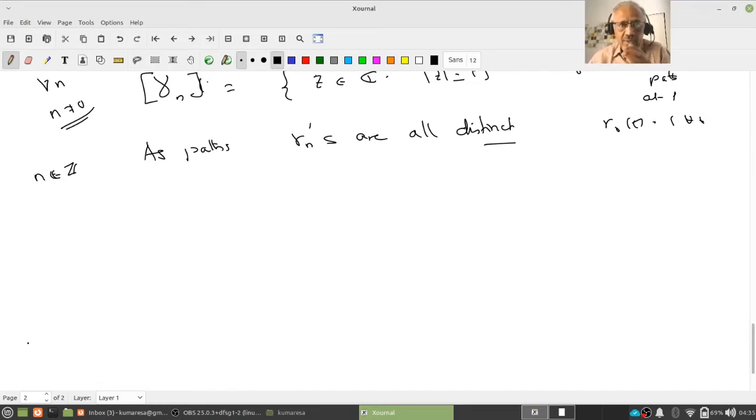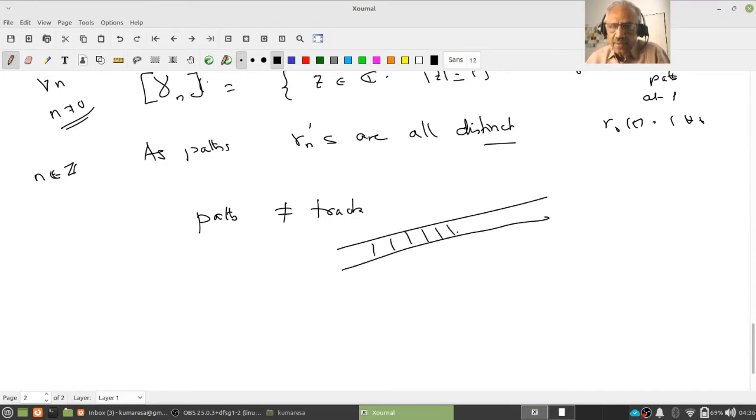And the next point I wanted to say is, we should never confuse a path and a track. They are distinct. The usual standard example which I give is, a track is like a railway track from a city A to another city B, right? But there are many trains. Train 1 may leave at 8 a.m. and reach at 11 a.m., and train 2 may leave at 10 p.m. and reach at 12:30 a.m. But what is the track?